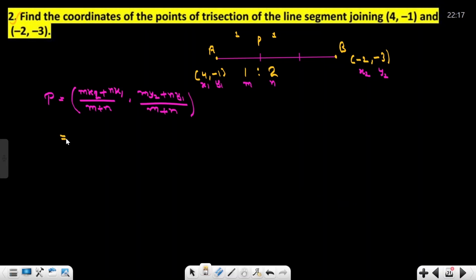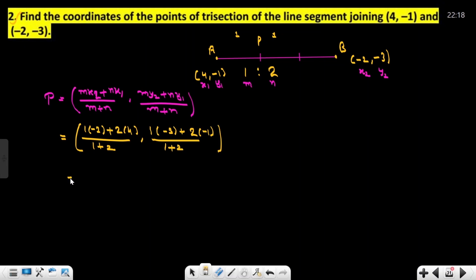Okay, m value is 1 and x2 value is minus 2, plus n value is 2, x1 value is 4, divided by 1 plus 2. And here m value is 1, y2 value is minus 3, plus n value is 2, y1 value is minus 1, divided by 1 plus 2, m plus n.